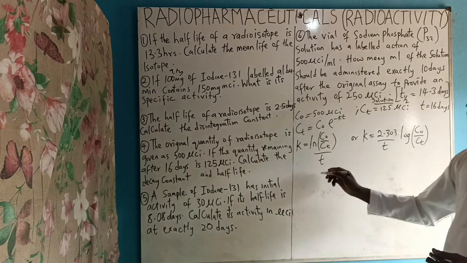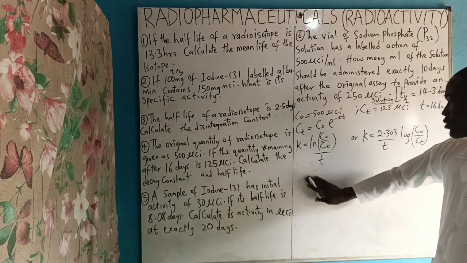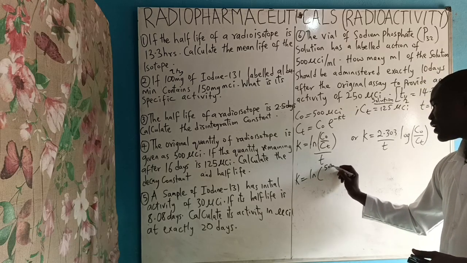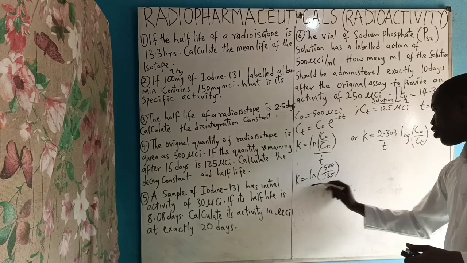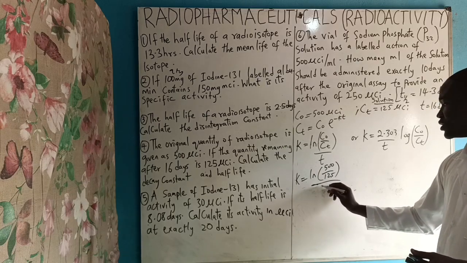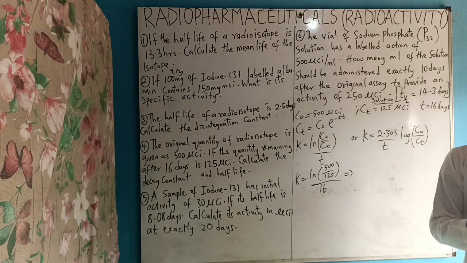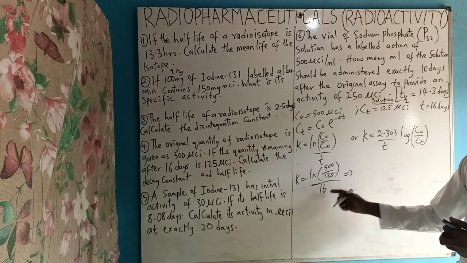Okay? So see what we get now. K is equal to ln of 500 over 125, all over the time, which is 16. In your calculator you have what we call ln. You just press ln bracket 500 over 125 all over 16.